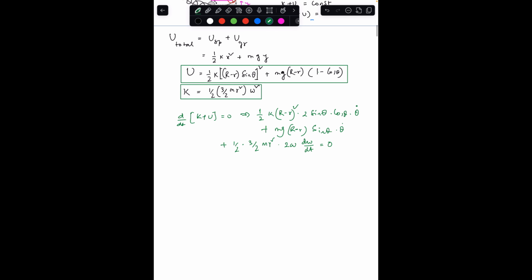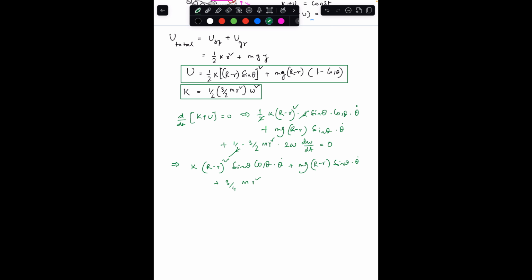0. So now let us simplify this, and please be very careful. So what are we going to have? The 2 cancels. k (R minus r) whole square sine theta cos theta into theta dot plus mg (R minus r) sine theta theta dot plus 3 by 4 m r square.